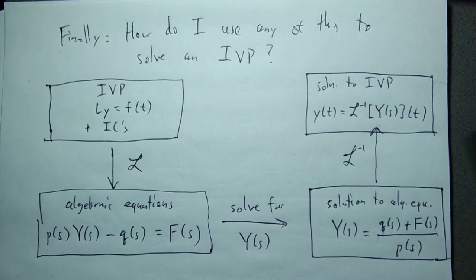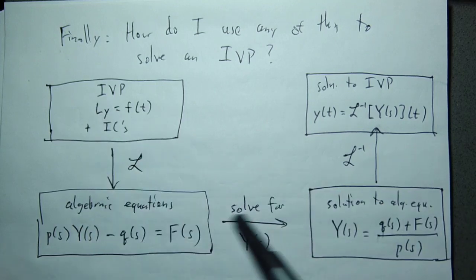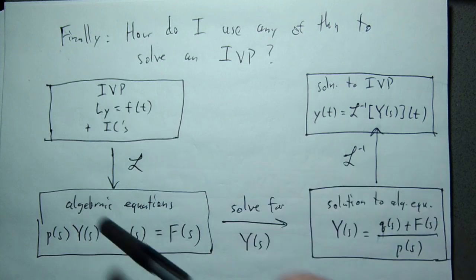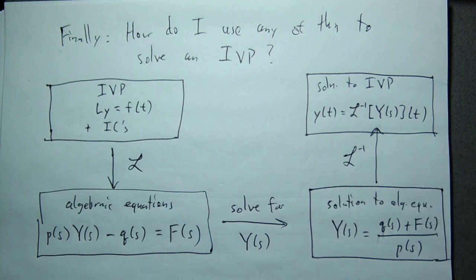So the first 3 examples will be me doing this part of the process, and the last step I will do all at once after those 3 examples. This splits my practice into 2 parts: finding the Laplace transform of the solution, and finding the inverse Laplace transform.